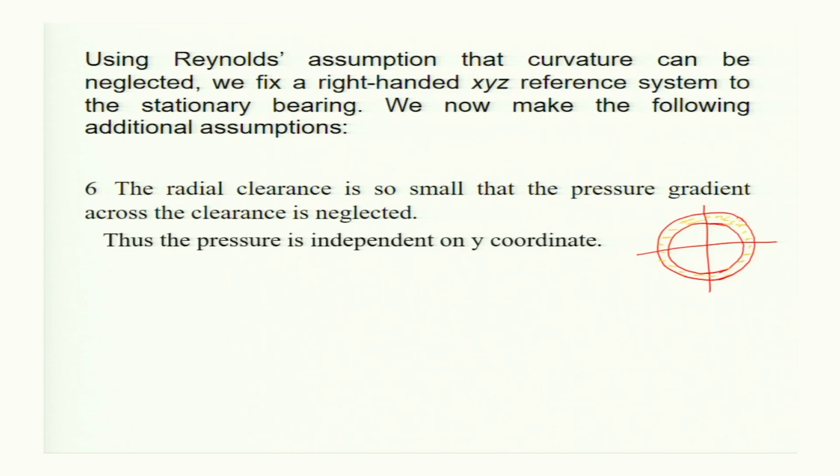So, whatever coordinate system is attached, the variation of pressure along this clearance space is considered as negligible, because this is very small. Thus, the pressure is independent in the y coordinate, because y coordinate was taken along the thickness of the fluid film.